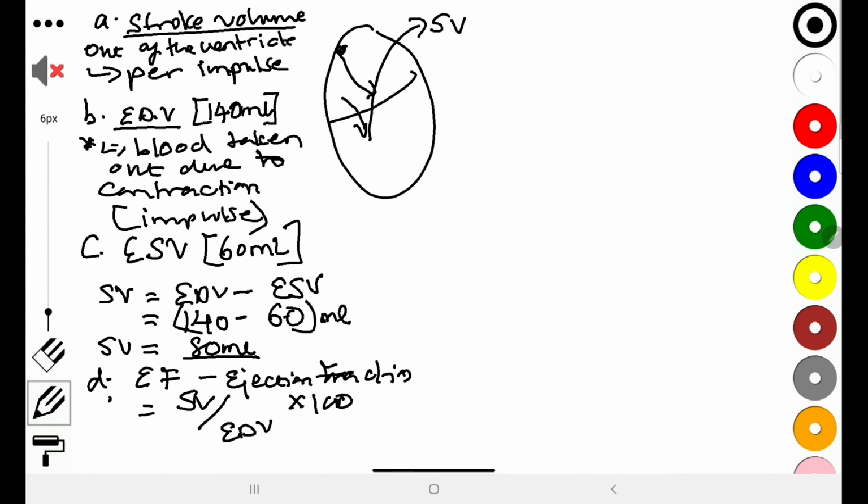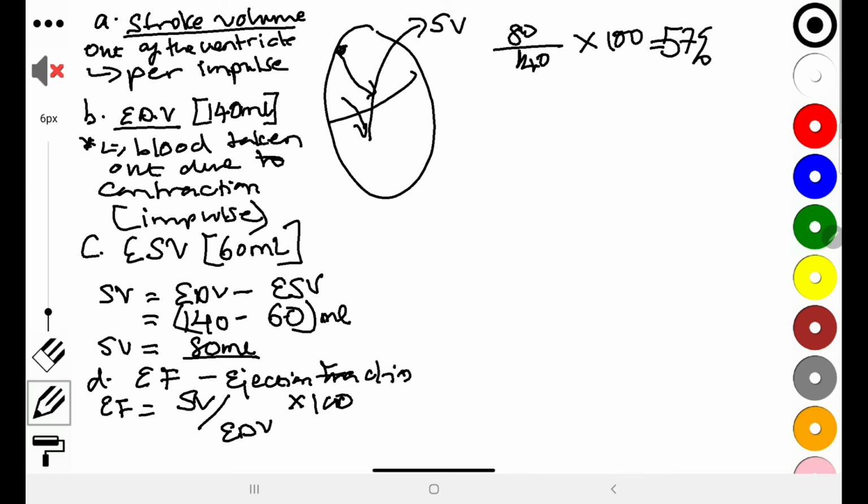So this is equal to the ejection fraction. So why bother about the ejection fraction? In the example that we have had so far, our stroke volume was 80. Our EDV was 140. And if you multiply that by 100, what are you going to have? If my calculations are okay, as we calculated earlier in class, this should be 57%.